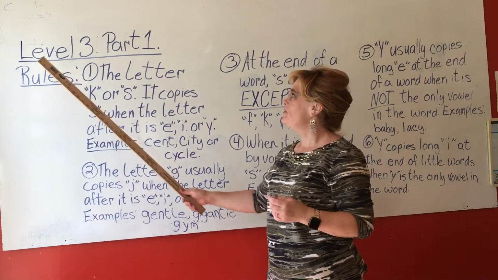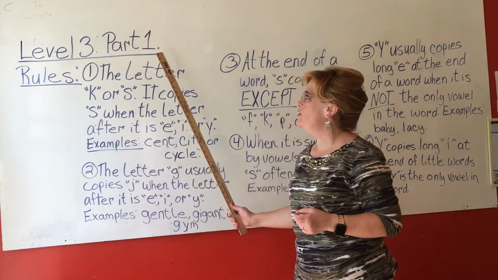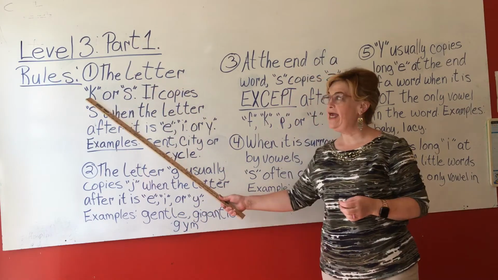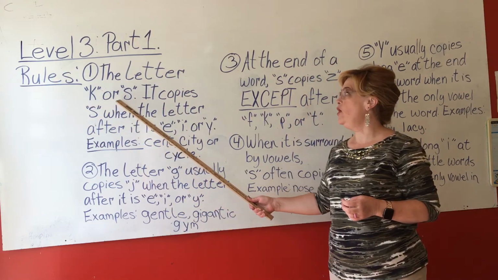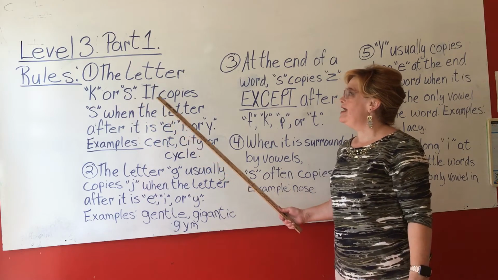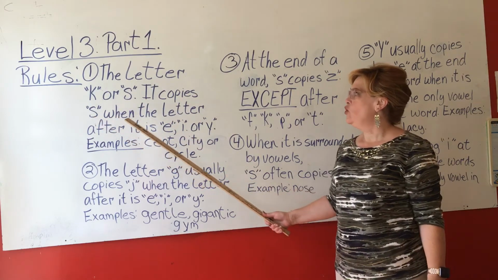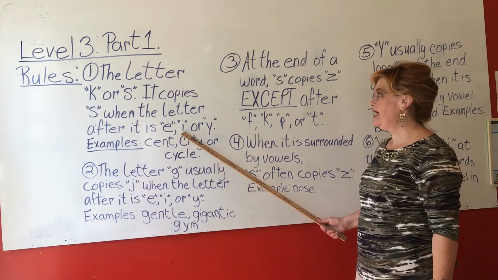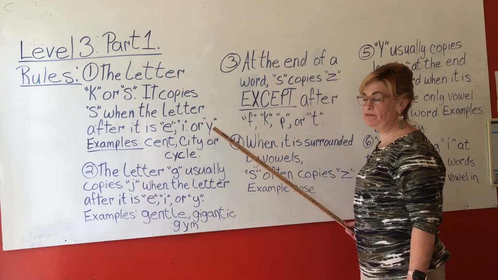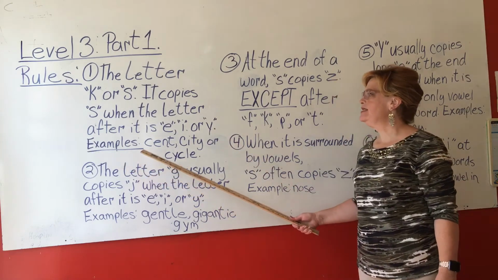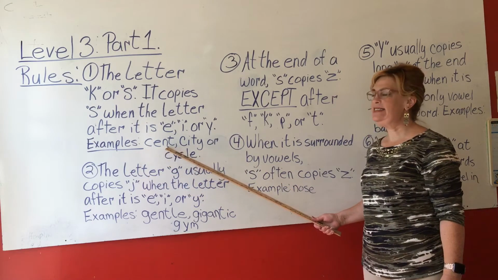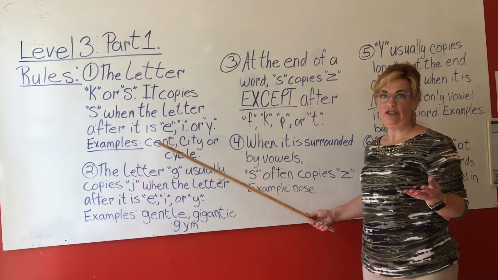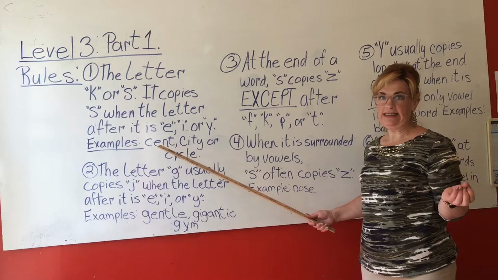Okay, we are on level 3, part 1, rules. Rule 1: the letter C copies S when the letter after it is E, I, or Y. Examples: C-E-N-T, cent, like change, like pennies, nickels, dimes, that kind of cent.